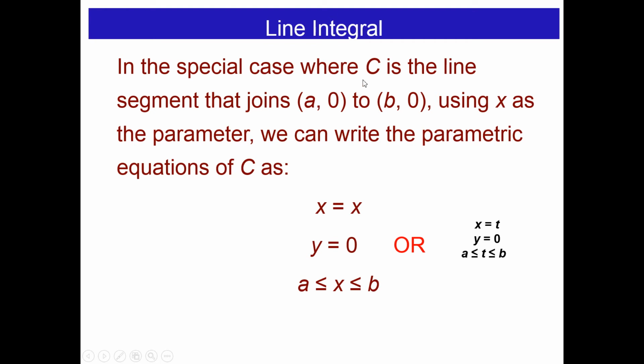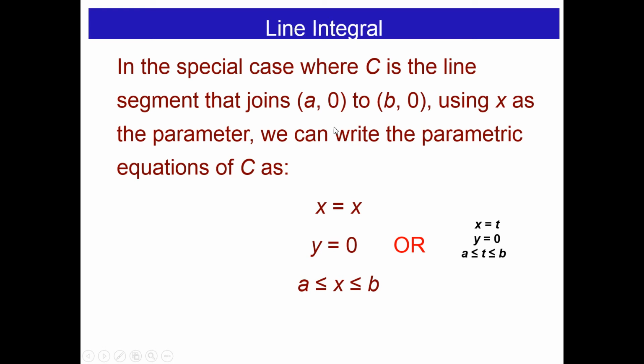In the special case where C is the line segment that joins (a, 0) to (b, 0), you can see that y is not changing in this case. y remains constant and is actually 0, while x changes from a to b. So using x as the parameter, we can write the parametric equation of C as x equals x, where x lies between a and b, and y equals 0.